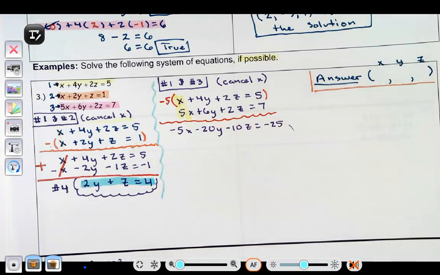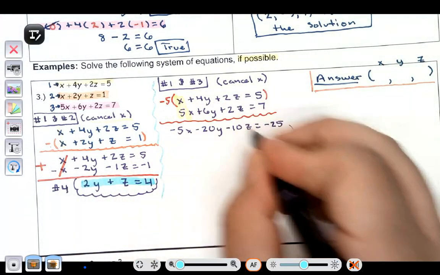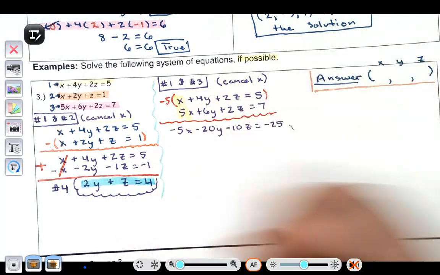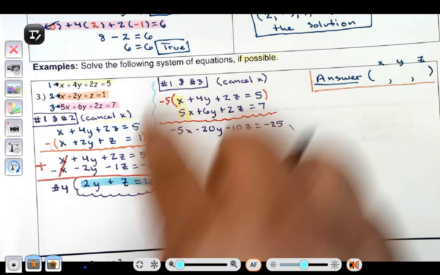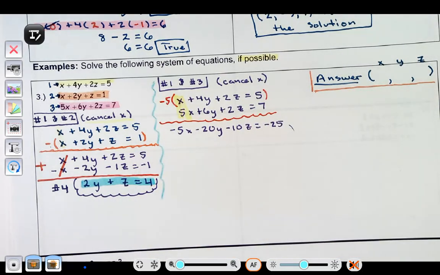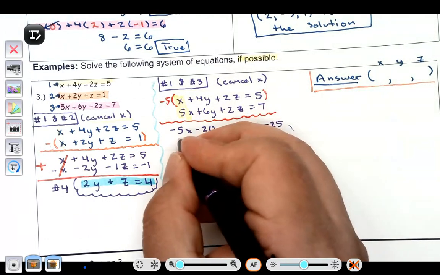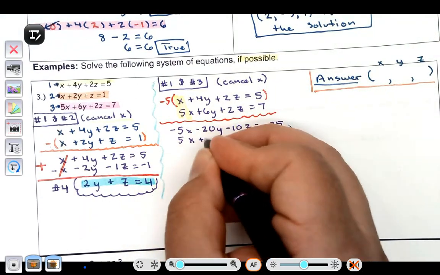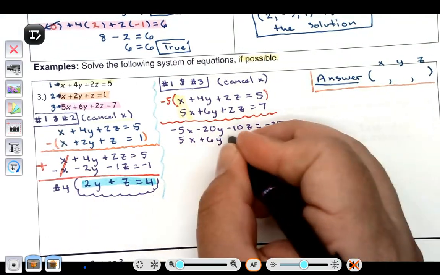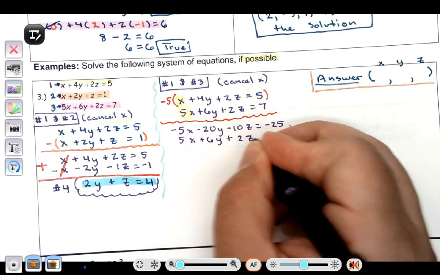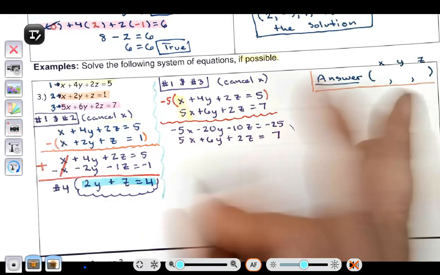You have to take your time with this. One little mistake in the negative and there goes the whole problem, and you have to go through each step again to find your mistake. So take your time. I'm just going to copy this one down. That's why it's better to write it down and make sure everything lines up, which makes it easier on the eyes as well. But there's my equation.